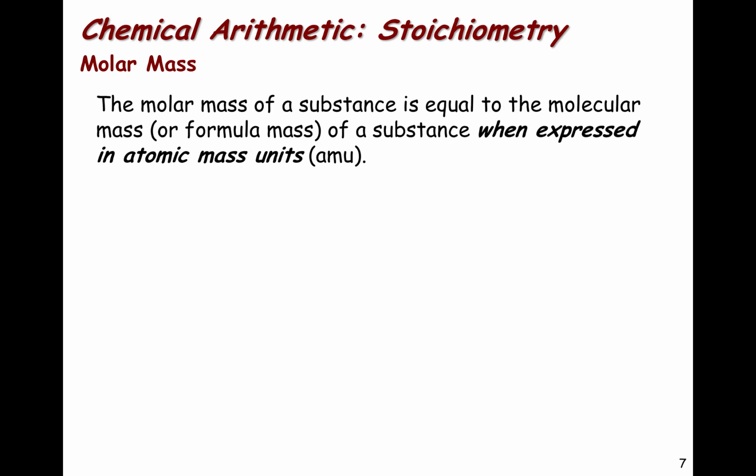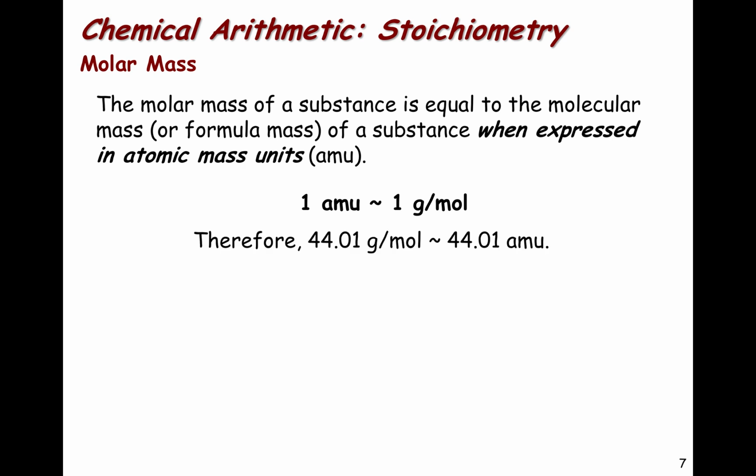The molar mass of a substance and the atomic mass units for a substance turn out to be the same values, and so therefore we can roughly say that 1 AMU is the same as 1 gram per mole. Likewise, for carbon dioxide, the formula mass is 44.01 grams per mole.